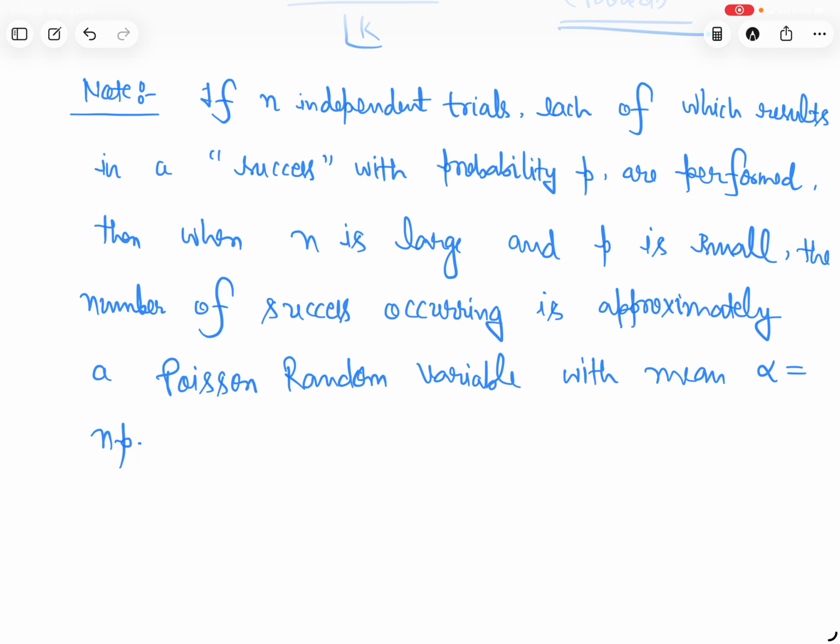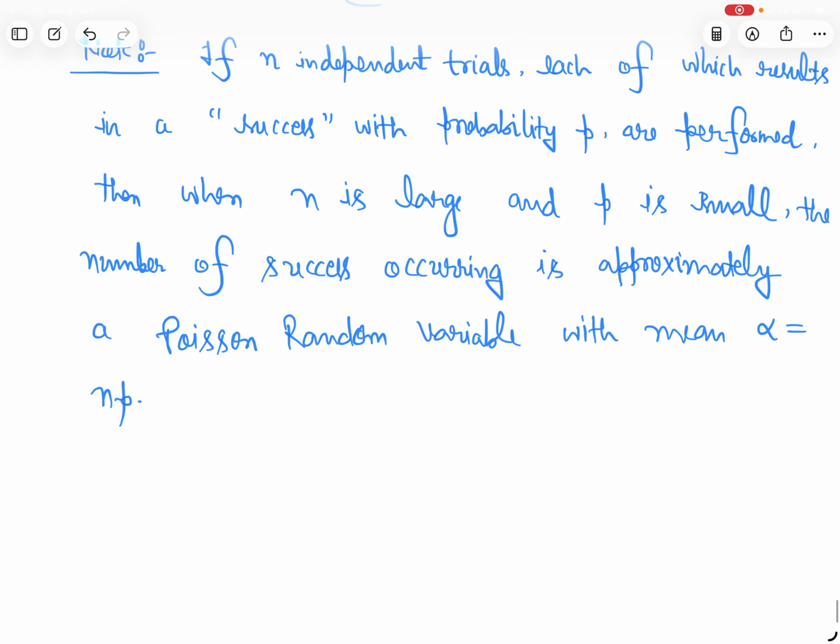The meaning of the above theorem is this. Because in a Poisson distribution, the mean is what? Alpha. Alpha is here np. Alpha is constant, that is np. The meaning is this. Note. Okay. So we are going to do one example. It will be more clear. Please note up to this.